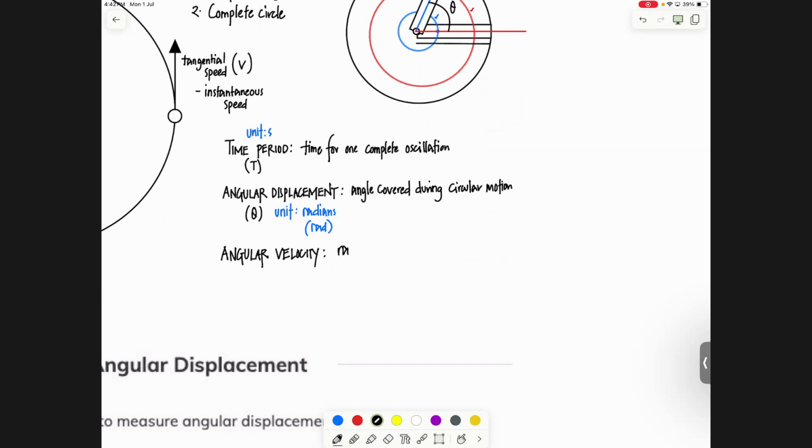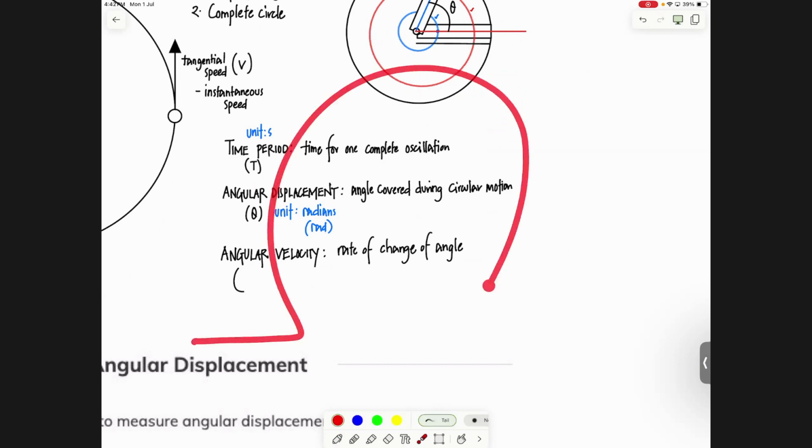So these are the three quantities out there. This is the rate of change of angle. And its symbol is one that students usually mispronounce. It's omega. But do you know what the symbol for omega is?